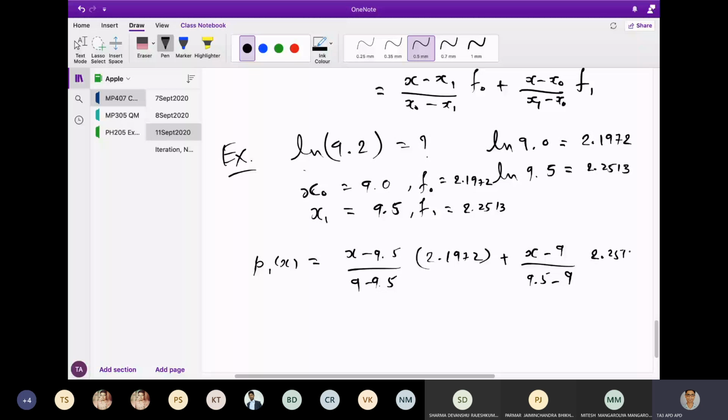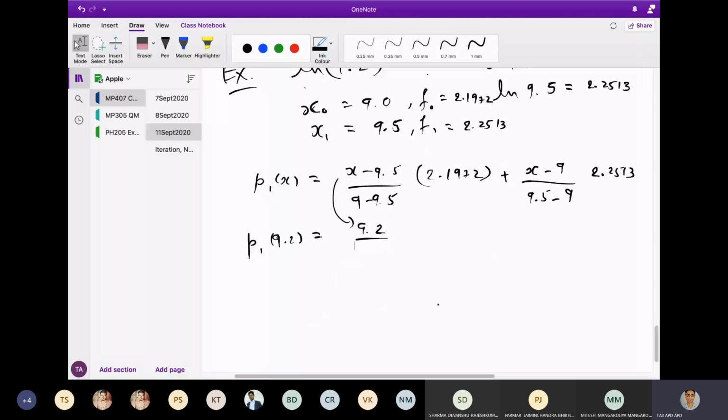Simple. Now you want to obtain the value at 9.2, so that is your x. So for P1(9.2), wherever you have x, you simply replace it by 9.2. I'm not writing everything, it is simply calculating the number, so I'm writing the answer directly. This is going to be equal to 2.2188. Okay, 2.2188.